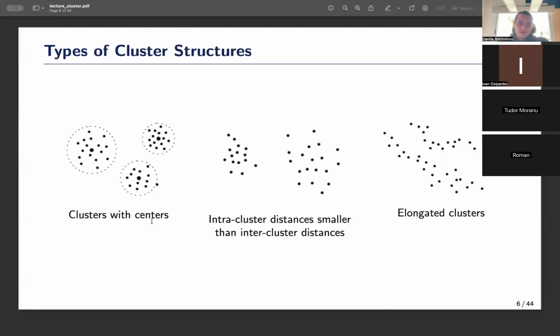And then clusters with a center: in each cluster, there is an object such that almost all objects in the cluster lie within a sphere centered about it. For example, city districts. Many tasks in clusterization have similar visualization, and it may depend on each other.